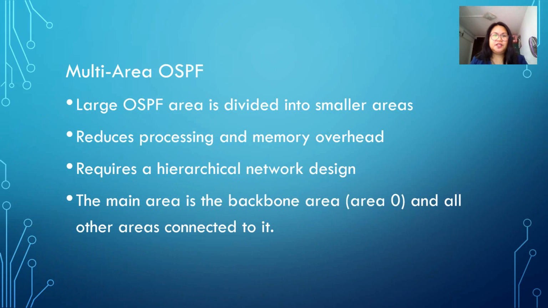Multi-area OSPF divides a large OSPF area into smaller areas, reduces processing and memory overhead, and requires a hierarchical network design. The main area is the backbone area, area 0, and all other areas connect to it.